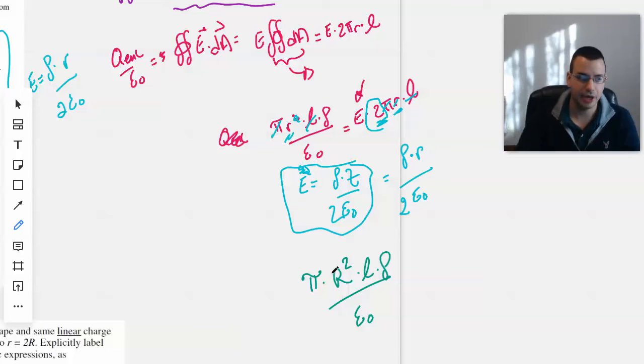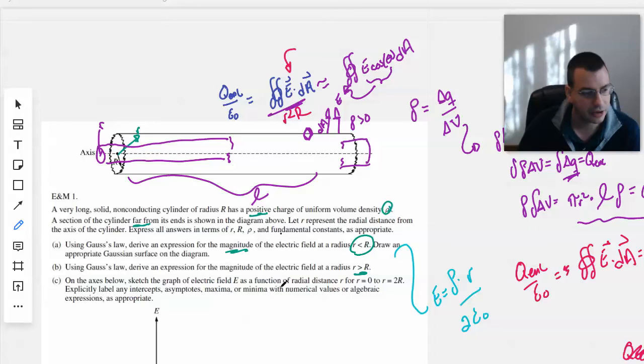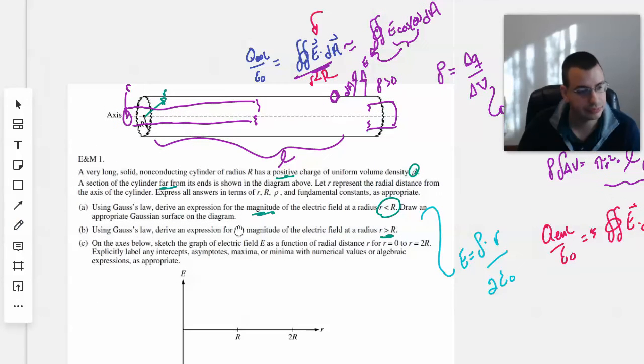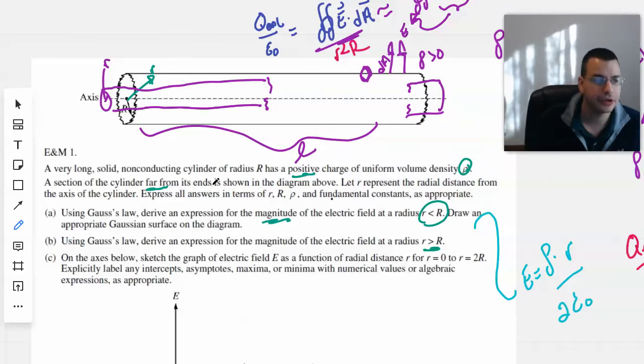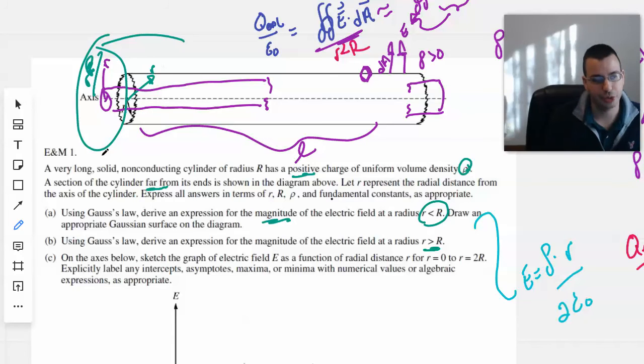So we use Gauss's law. Now we have another Gaussian cylinder with r greater than R, and it goes this way as well.